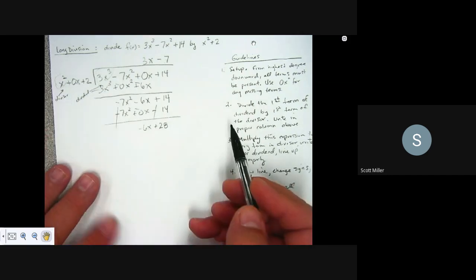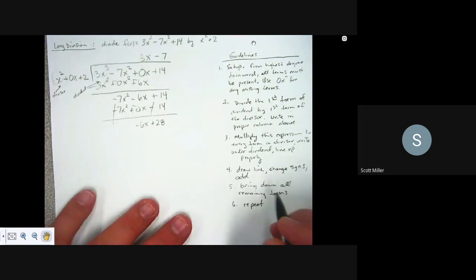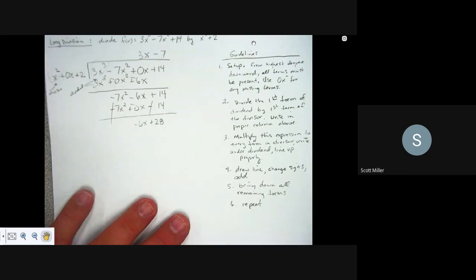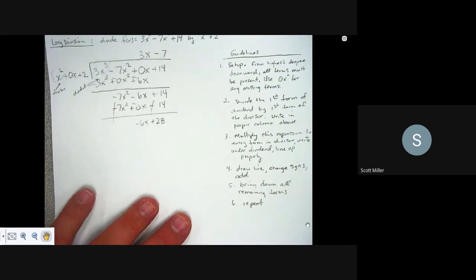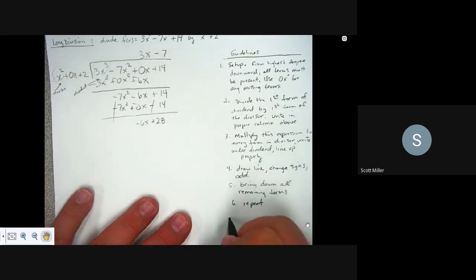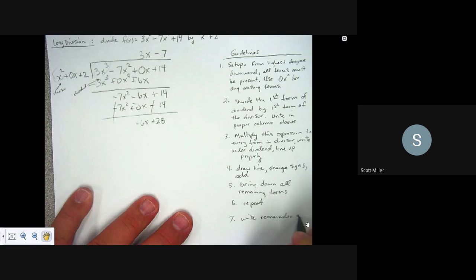This is it. And so the last part here is, how do I write my answer? You want to write your remainder as a fraction.